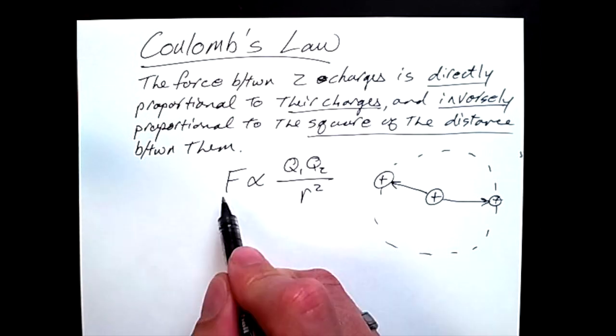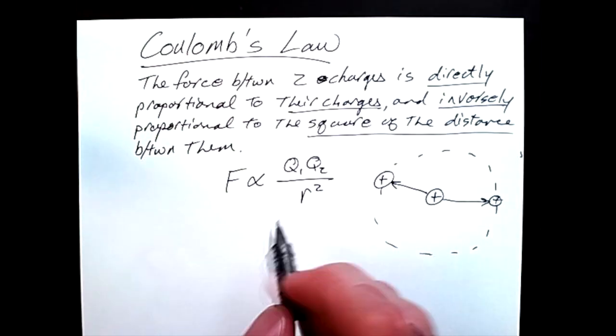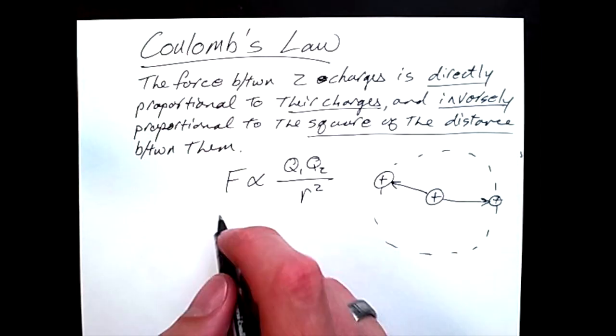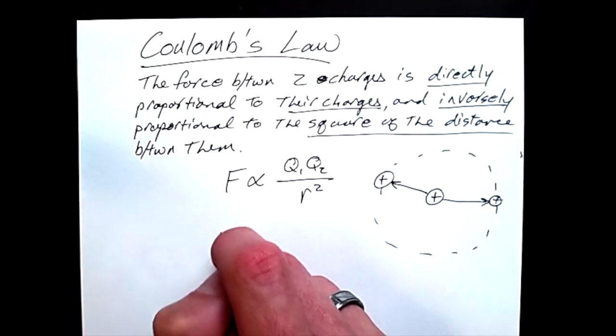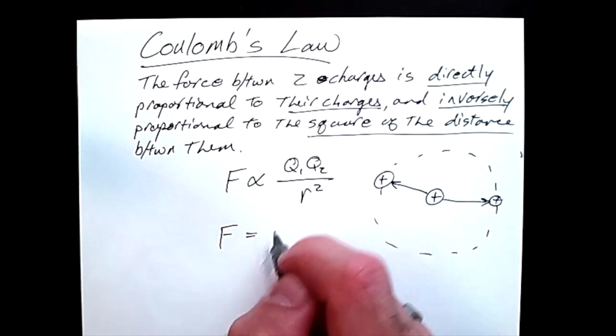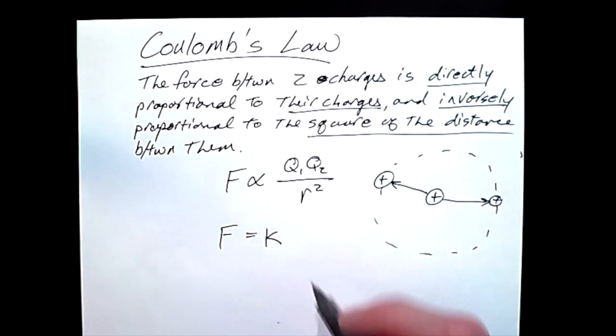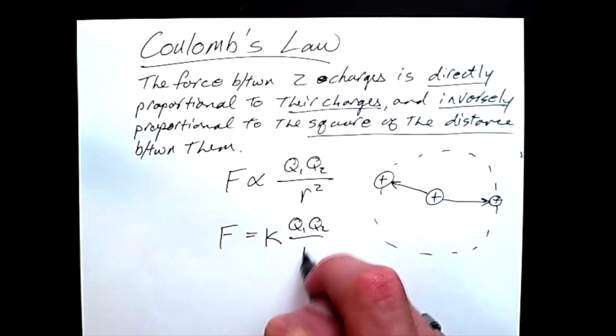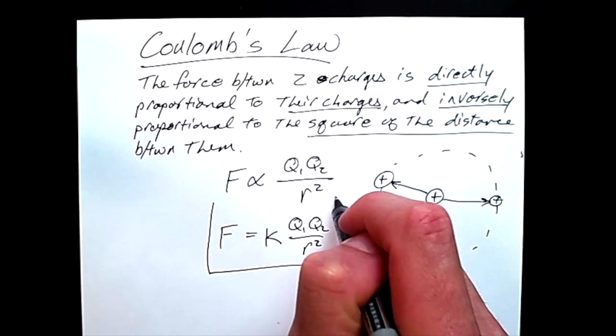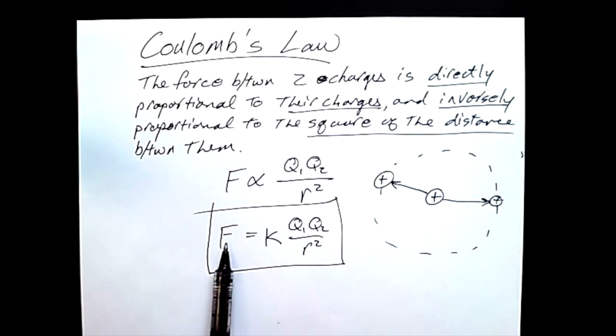So this equation, written with an equals after experimentation to determine the proportionality constant, yields a force equal to what's now called K times Q1 Q2 divided by the radius squared. This is Coulomb's law, and what you'll notice is that it is a scalar.